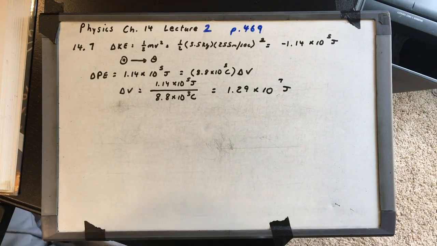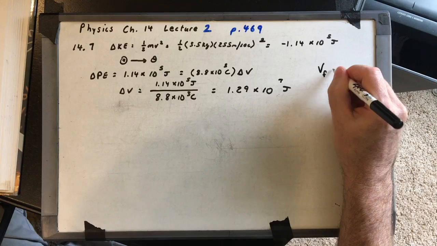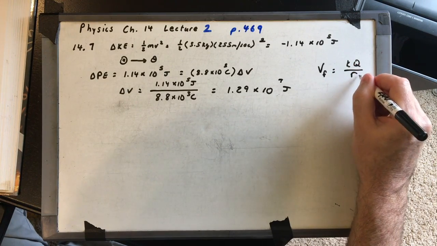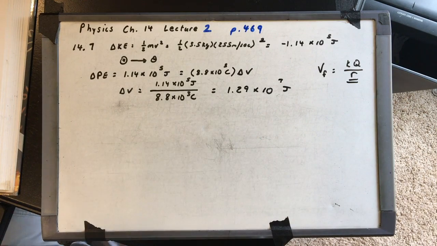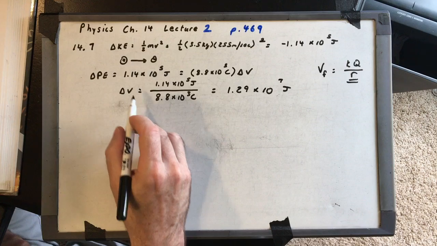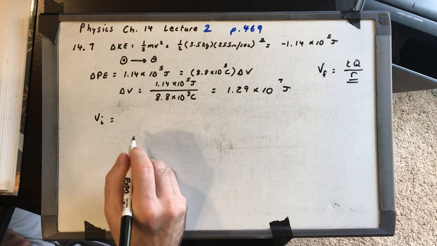Now, in order to get that final distance, I need to get the final voltage because that's KQ over R, and I need R. So I could get final voltage if I can get initial voltage, which I do have the information to get.